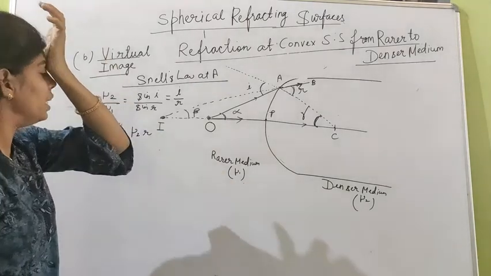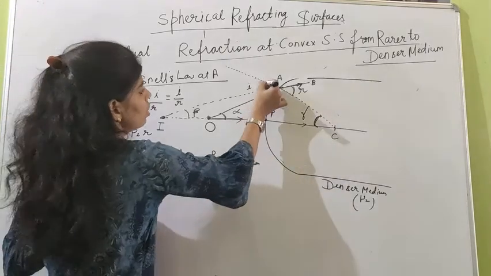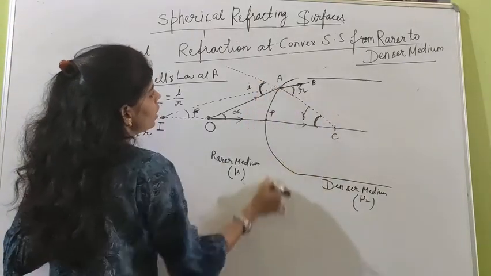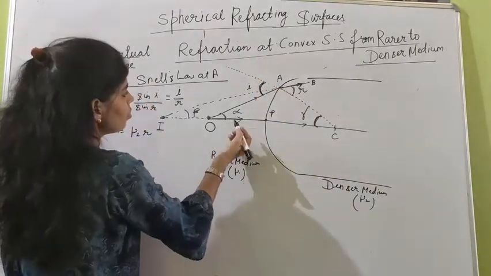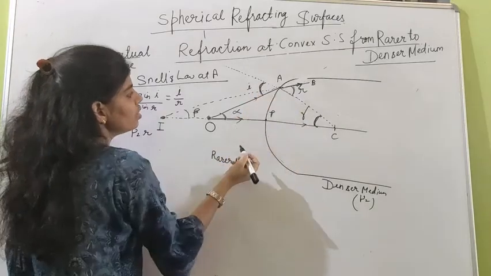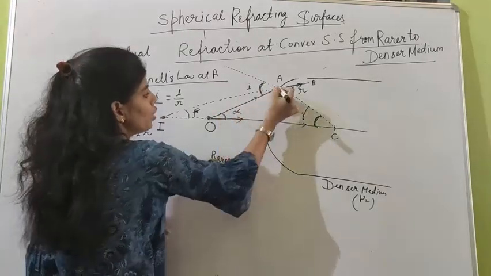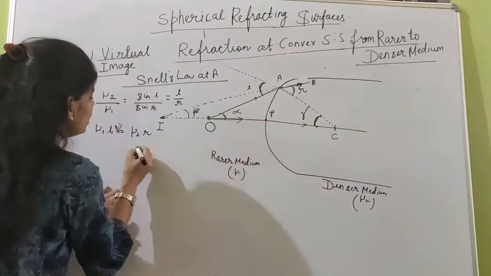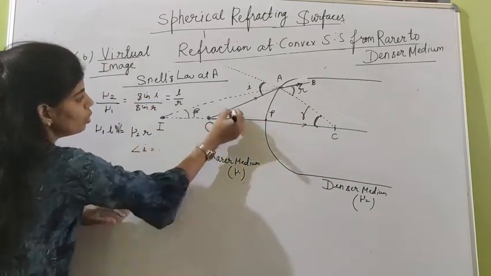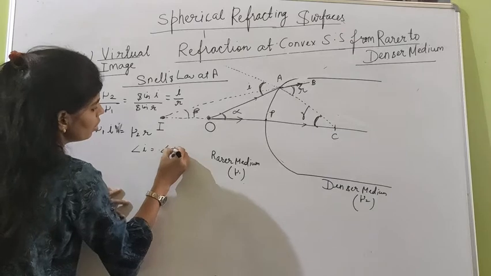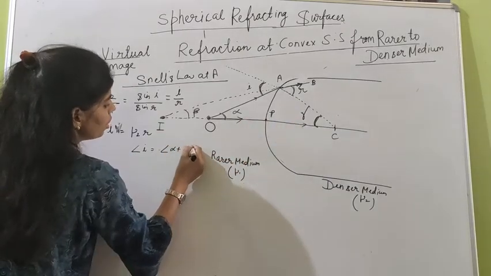Angle I is an external angle of triangle OAC, so angle I is equal to angle alpha plus angle gamma.